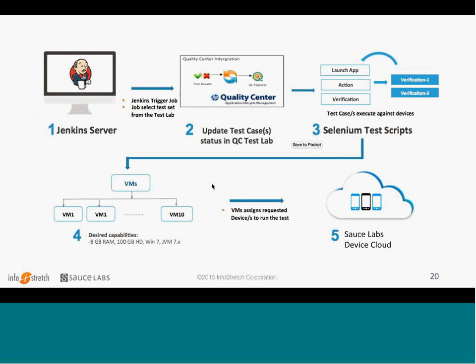The Jenkins server, as soon as the code check-in happens, we integrated the ALM system to Jenkins using plugins, and used the Sauce Labs device cloud to integrate with HP ALM as well as the Jenkins server for deploying my apps as well as running my functional and regression test suites.